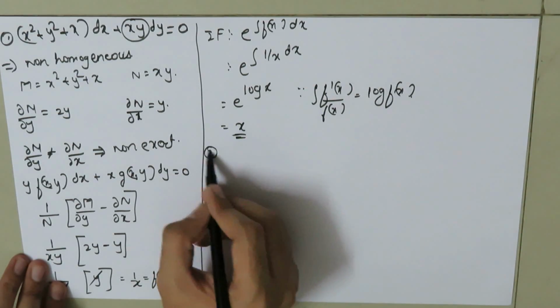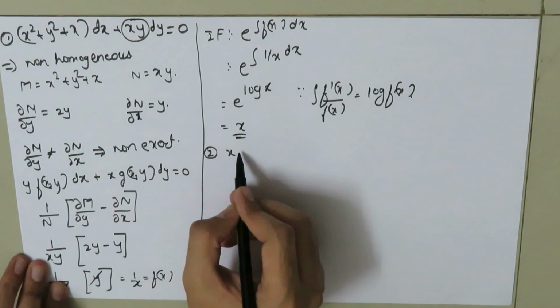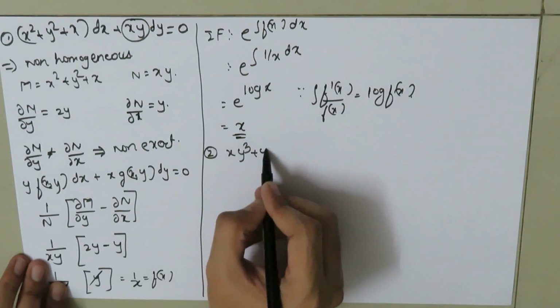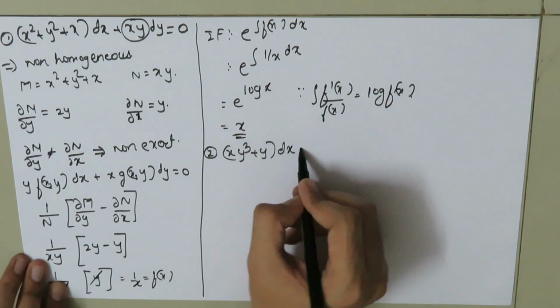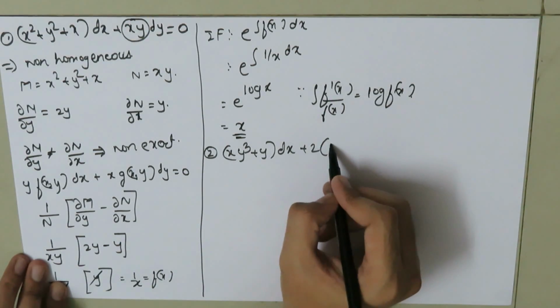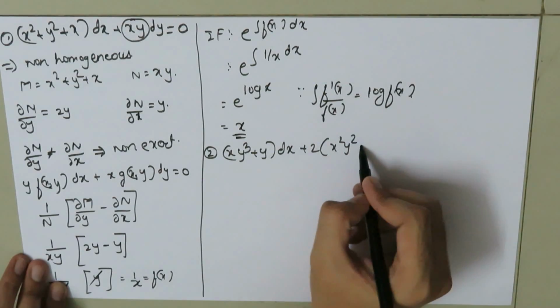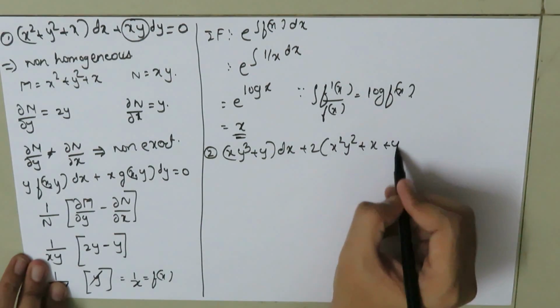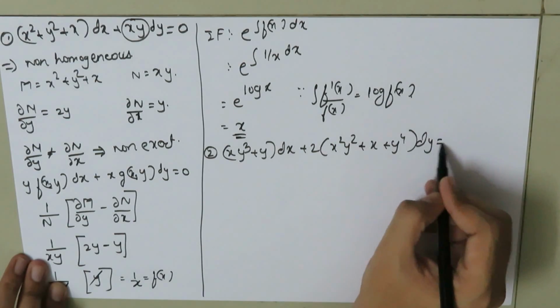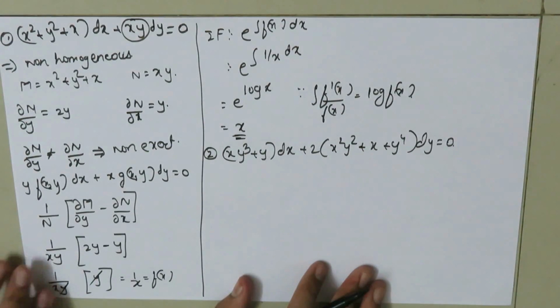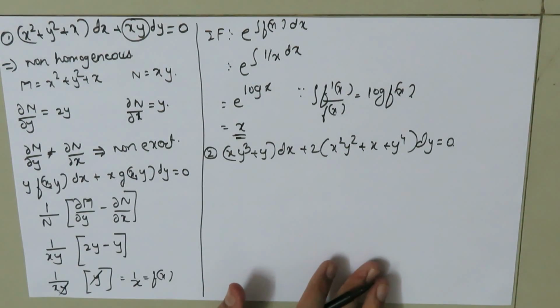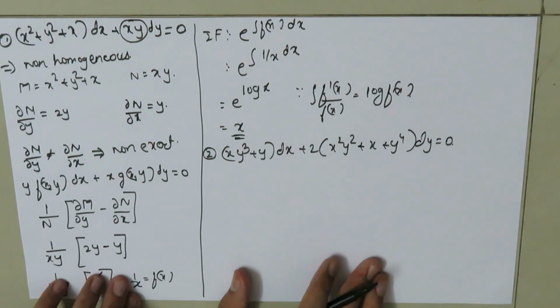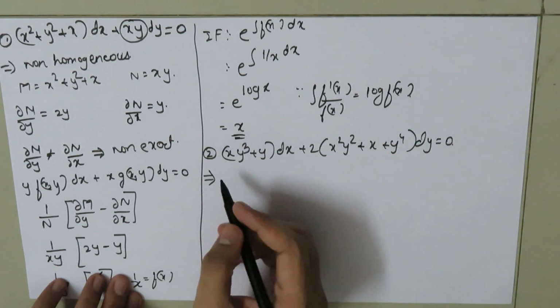Let's take another example: (xy³ + y) dx + 2(x²y² + x + y⁴) dy = 0. First, let's check the homogeneity of this equation.